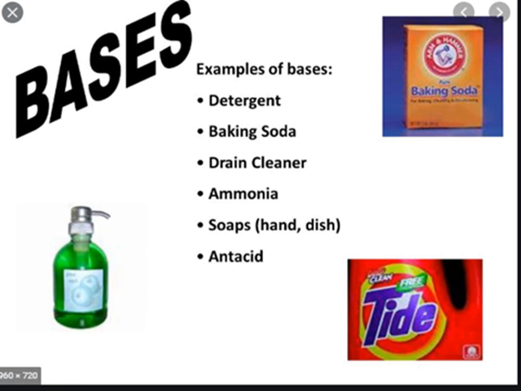Ammonia has the chemical formula NH3 and it is highly basic in nature. Ammonium hydroxide is a very well known base present in the laboratory. Then soaps, hand wash, and dishwasher are also basic in nature.